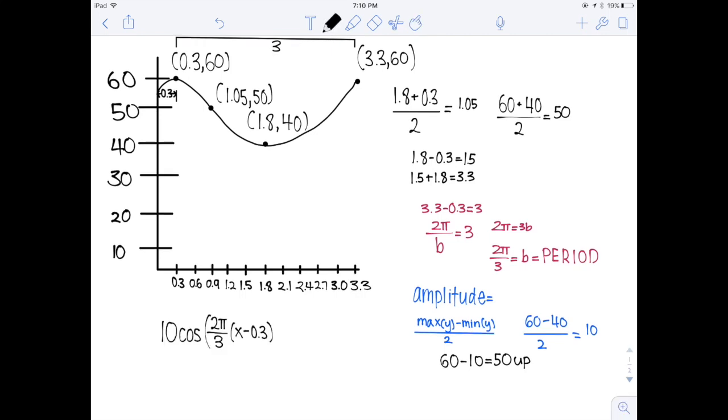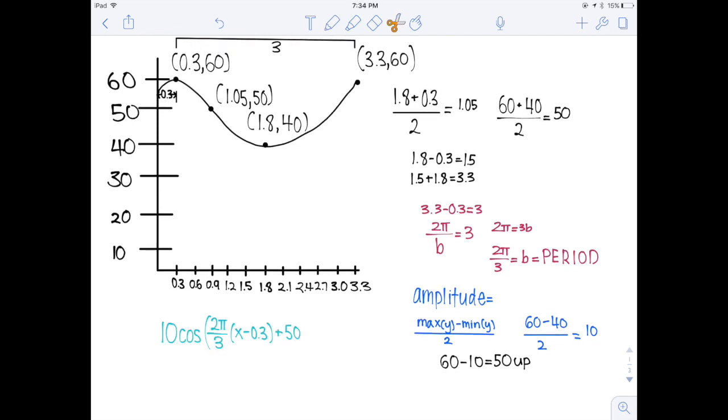So then when we create the final equation, it's 10 cosine of 2 pi over 3 times x minus 0.3, plus 50. And the 10 is the amplitude, the 2 pi over 3 is the period, the phase shift is 0.3, and the vertical shift is 50.